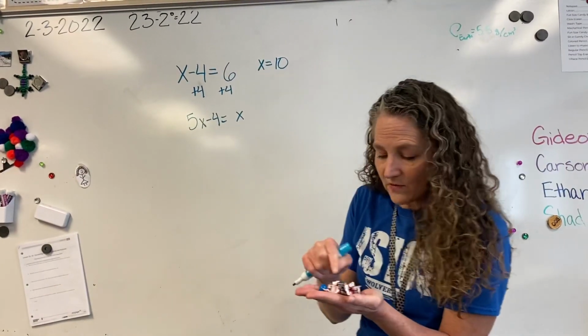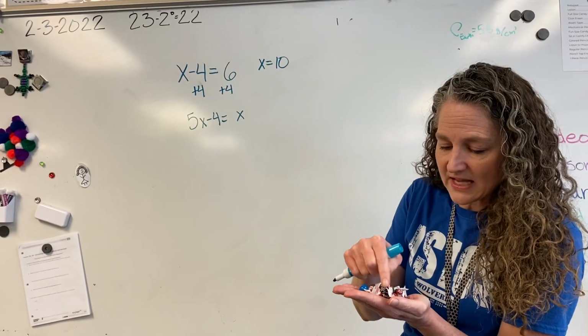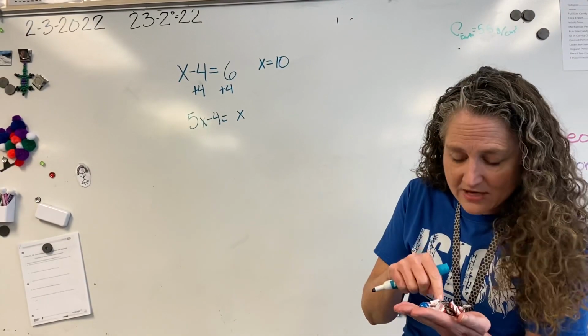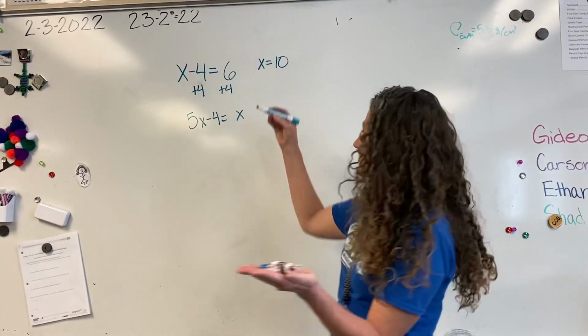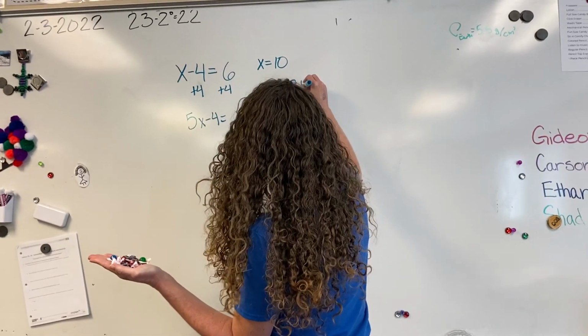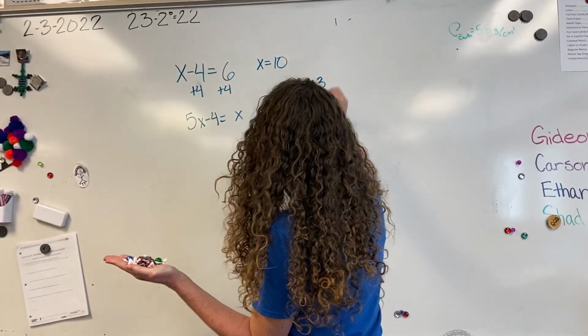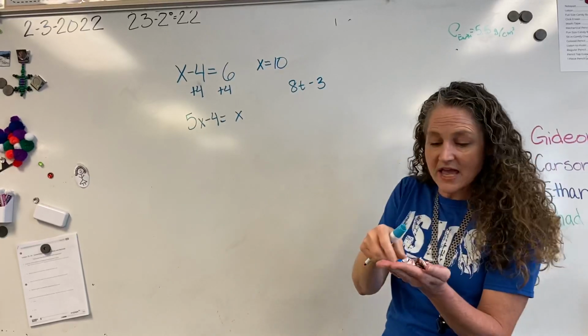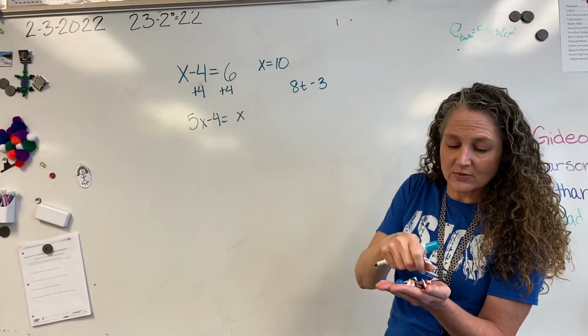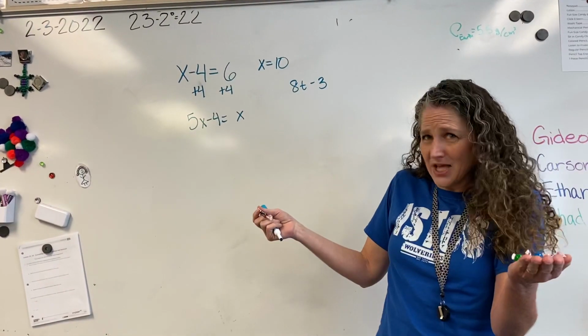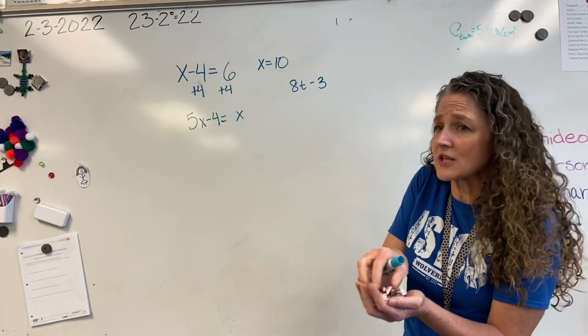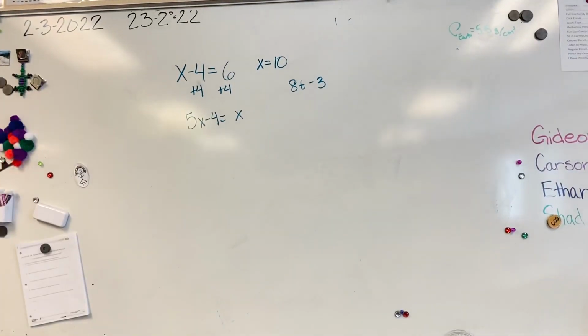I have 1, 2, 3, 4, 5, 6, 7, 8 Tootsie Rolls and 3 gumballs, right? So I have 8 Tootsie Rolls minus 3 gumballs. If I take away 3 Tootsie Rolls, does that affect my number of gumballs at all? No. So we need to make sure that we're keeping track of what we're doing.